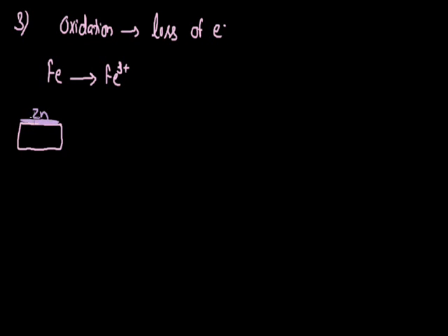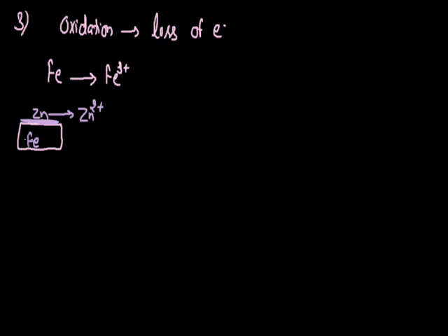Since zinc is more reactive than iron, it will participate in the process of oxidation. Zinc will lose its 2 electrons to convert into Zn2+ ion, and as iron is less reactive as compared to zinc, it will not participate in oxidation. It will remain in the elemental form after the reaction also, and as it will not form its oxide, the rusting process will not occur.